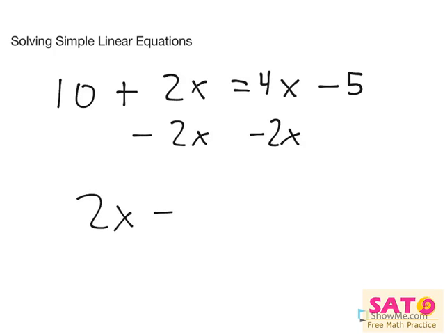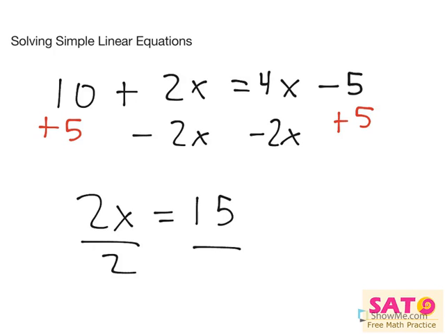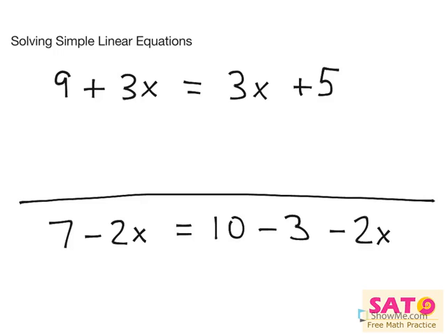So we have 2x equals 10, and we just add this on both sides. We would get 2x equals 15. Then we need to divide on both sides, and we would get x equals 15 divided by 2, which is 7.5.